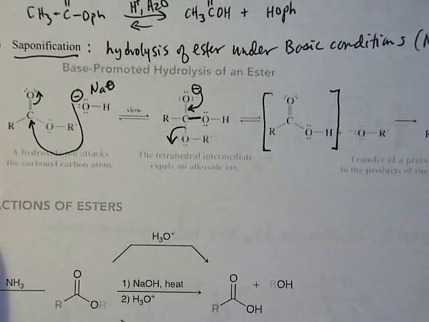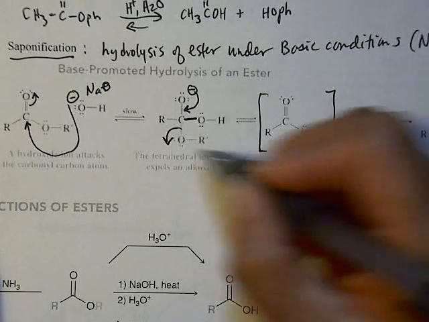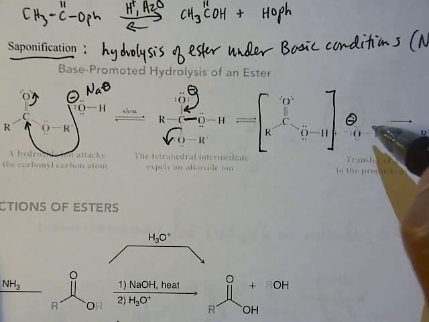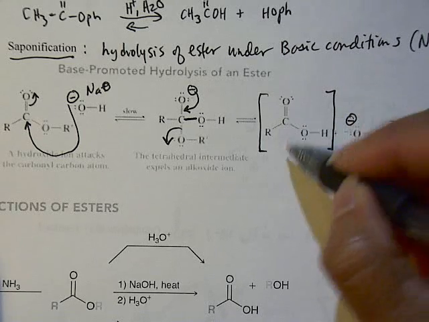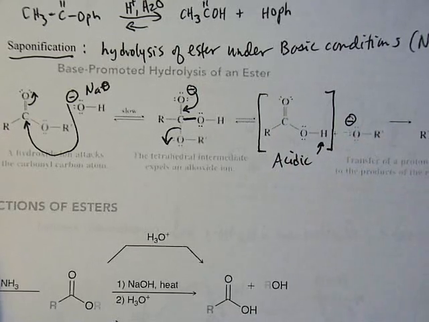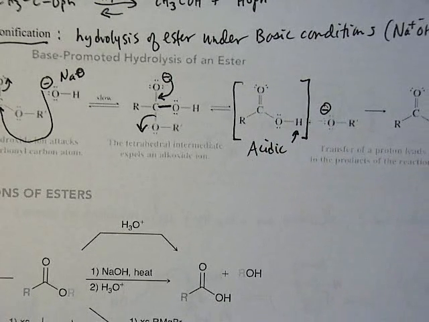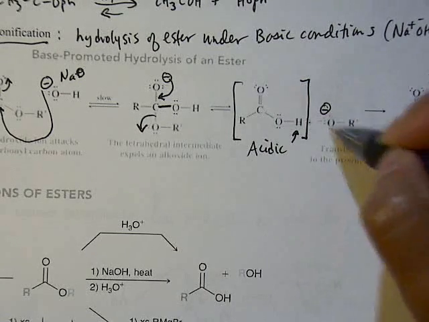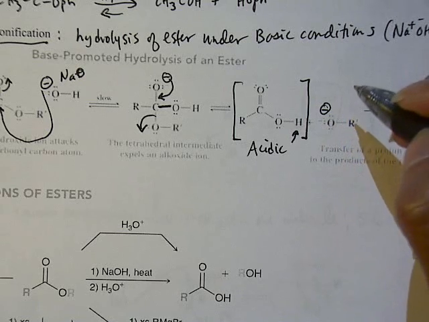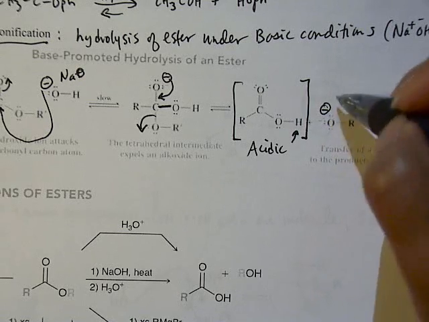and not what is isolated, because you have this OR minus around and OH minus around. And remember, carboxylic acids are acidic. Remember, the pKa of this proton is around 5 to 6, and these alkoxide and hydroxide ions are pKa of like 16, so they're much more basic.